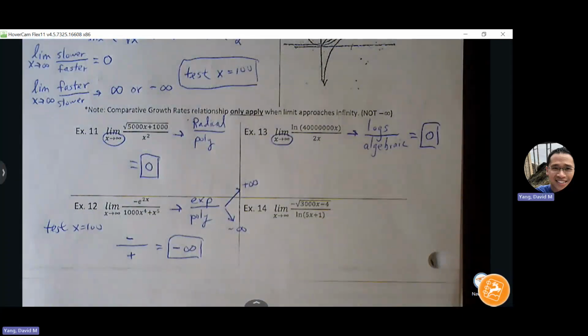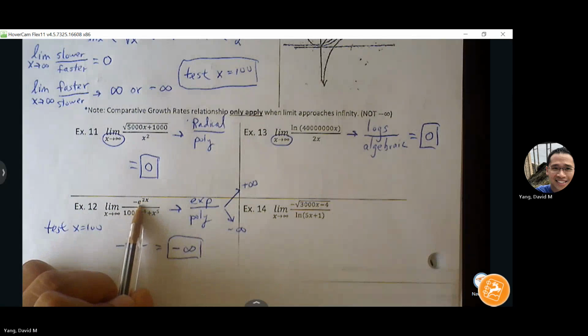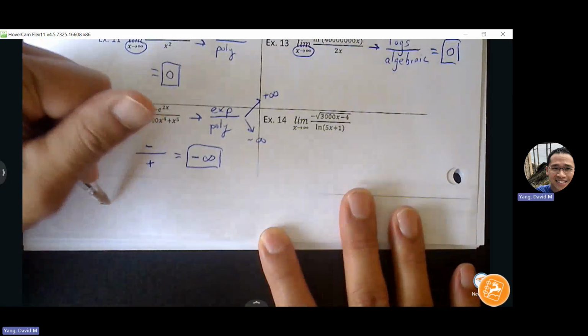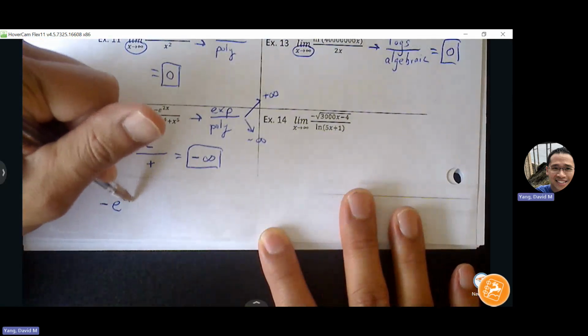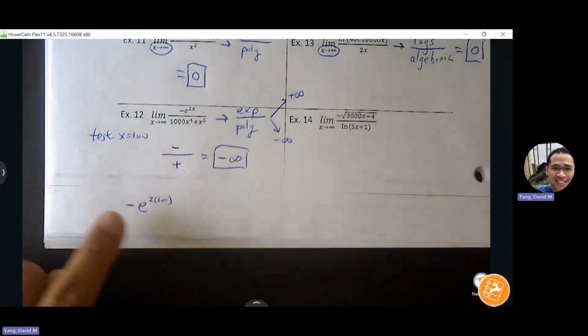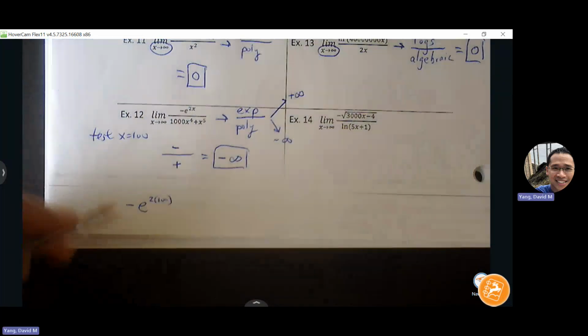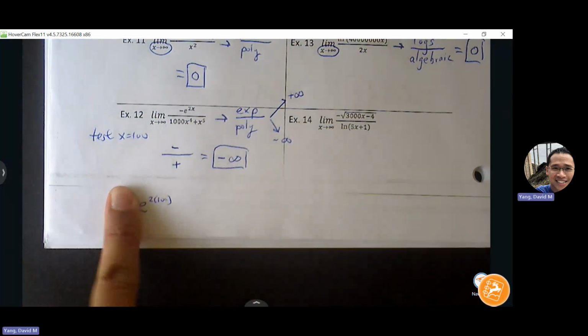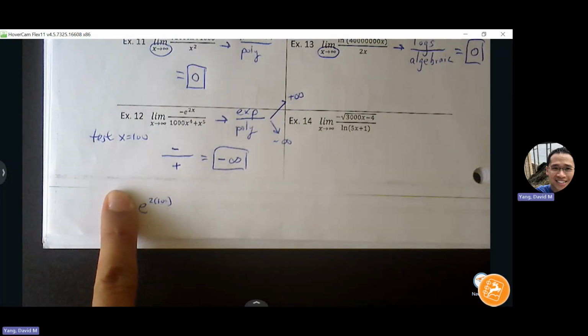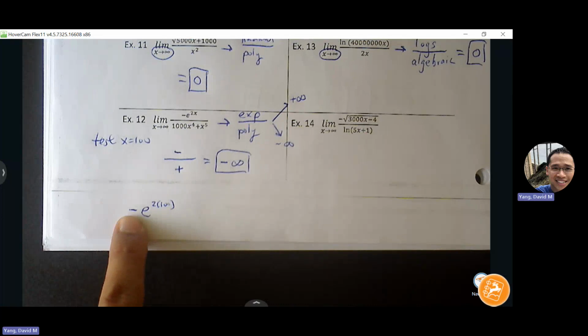Why wouldn't that negative distribute to the e first? Well, there's only one term here. So it ends up being negative e times 2. With order of operations, we always take care of the exponent before the multiplication. So e to the 200 is a positive number. That times a negative 1 is going to be a negative number.